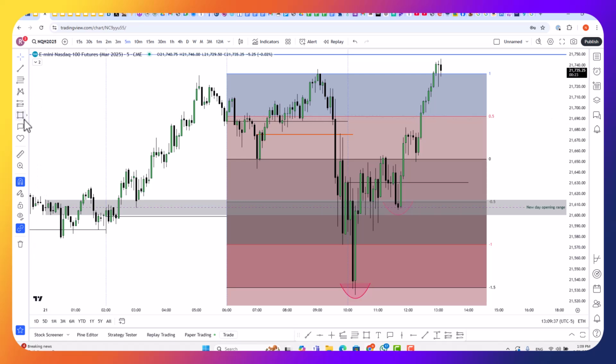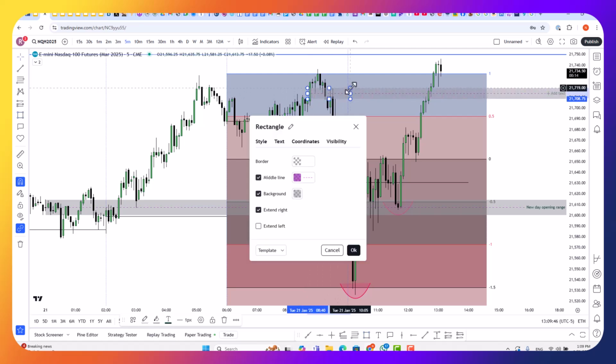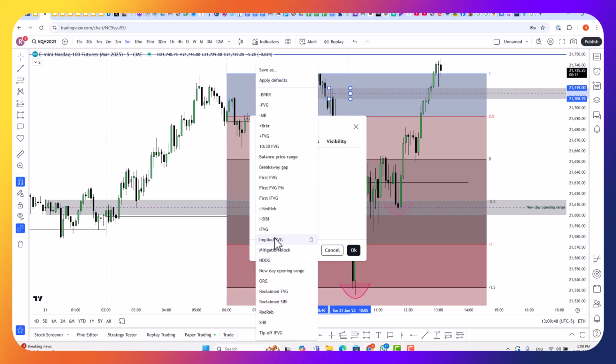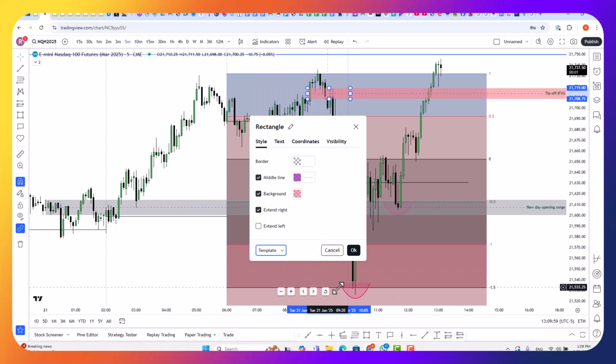Let me show. I can sell this inversion fair value gap. It is called my tip-off FVG.